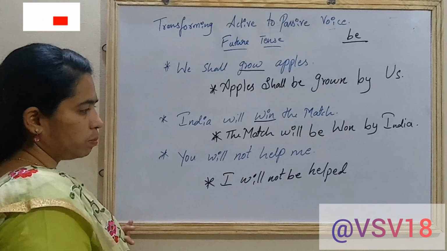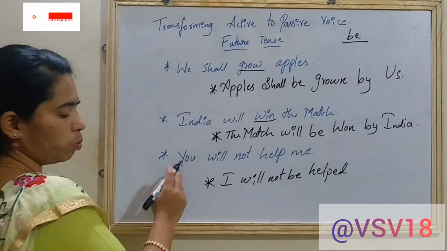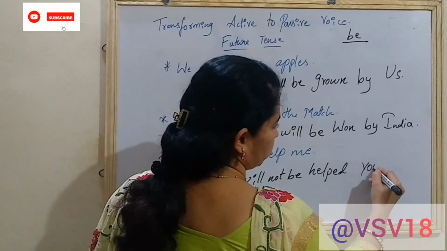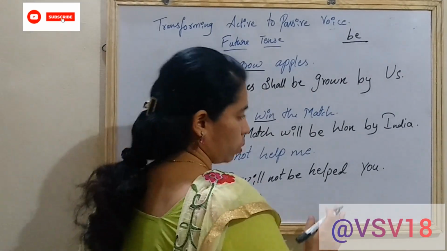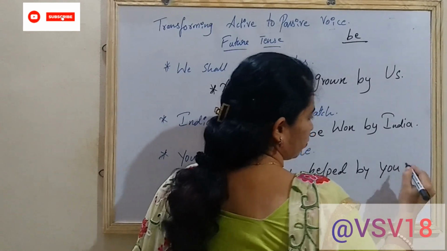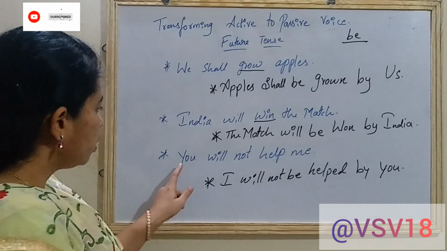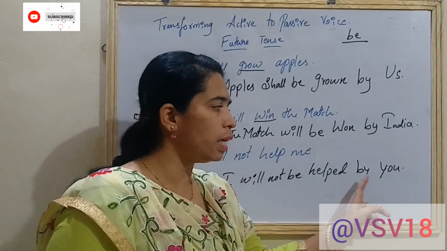And you becomes you as it is. We are not going to change you, as it is a second person. You remains same. I will not be helped by you. So we use the medium by. You will not help me. I will not be helped by you.